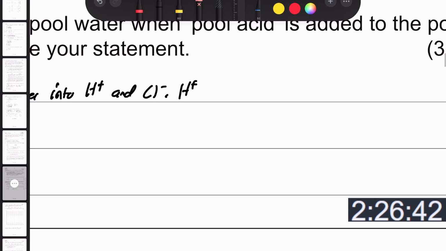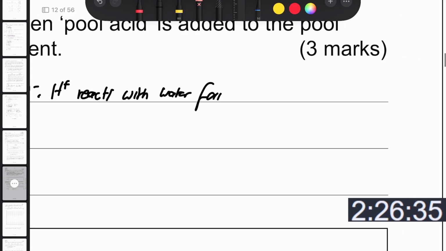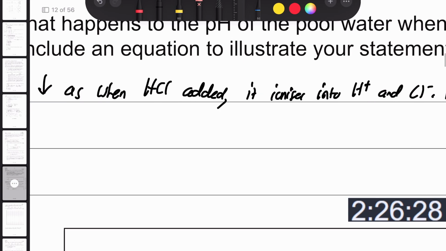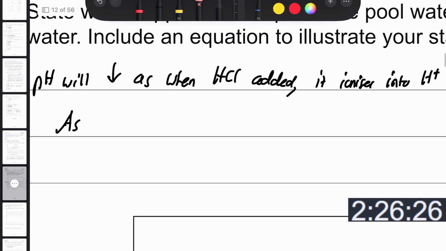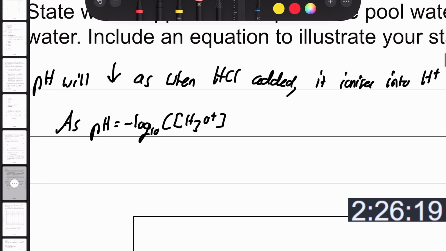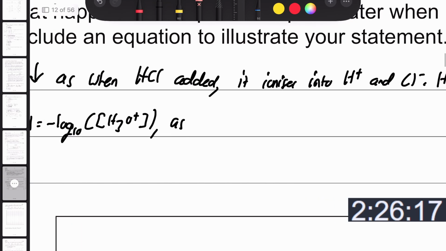H plus reacts with water, forming H3O plus. As pH equals negative log 10 of H3O plus, as H3O plus increases, pH will decrease.